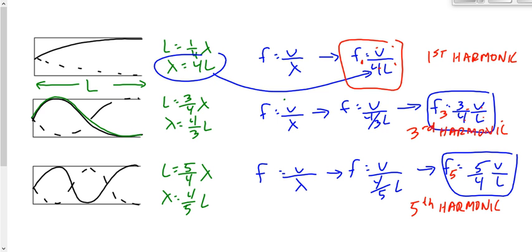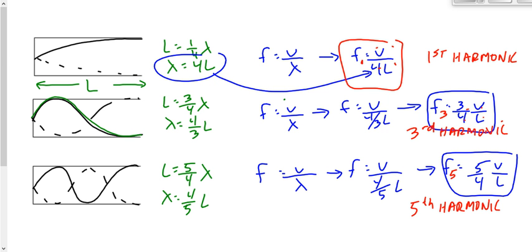So, solving problems involving this, we do the same thing as we did for the string, except that there are two differences here. One, the first harmonic is V over 4L instead of V over 2L. And second, we want to find the second sound produced.